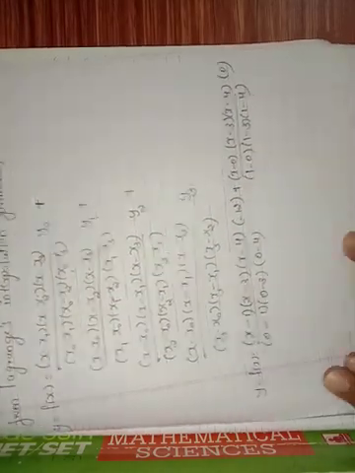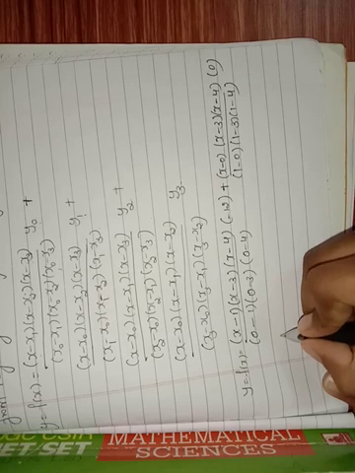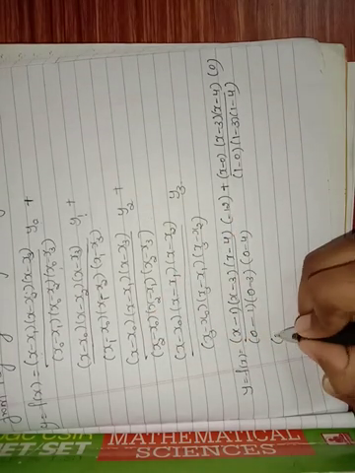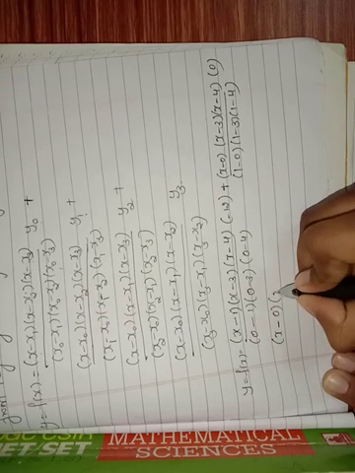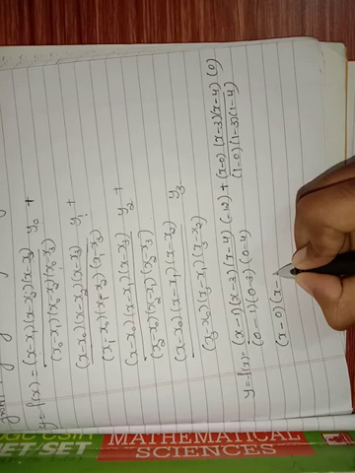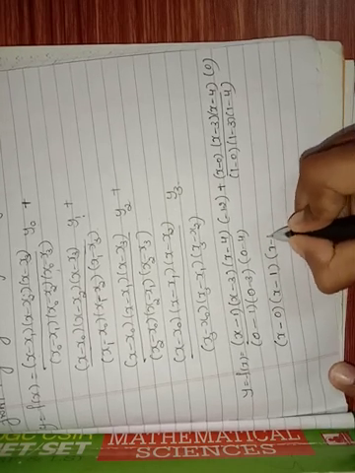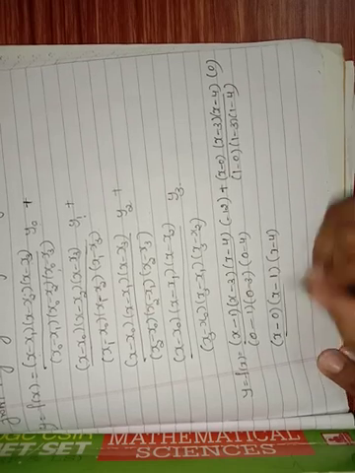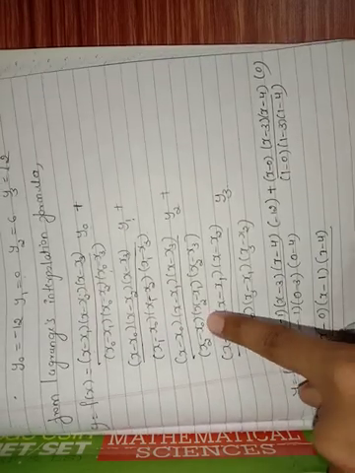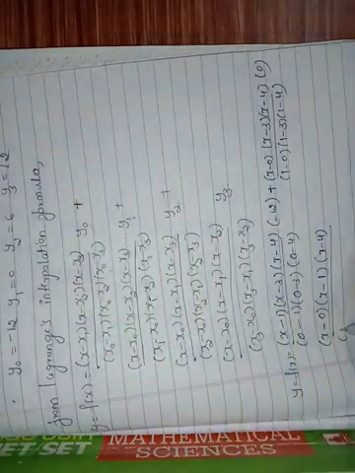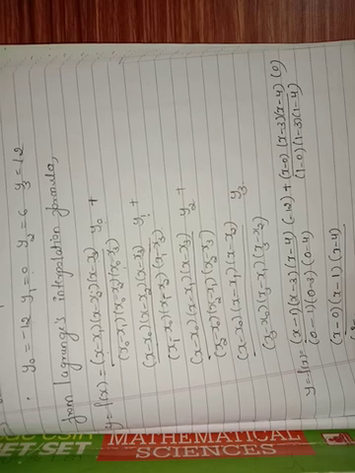Okay, next. Similarly, the third one: (x minus x naught) 0, (x minus x1) where x1 means 1, (x minus 4), divided by x2 minus x naught. X2 means what we have here, 3 minus x naught 0.